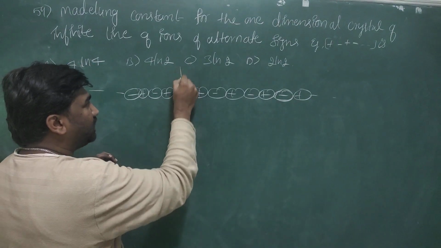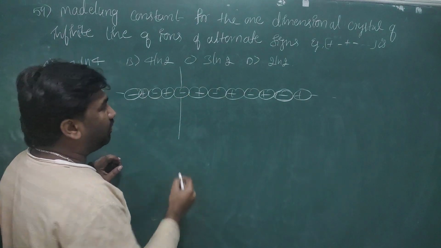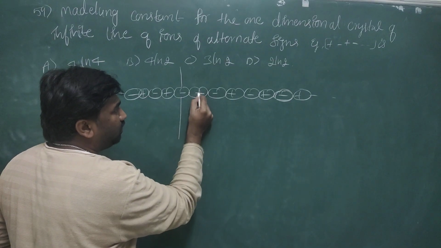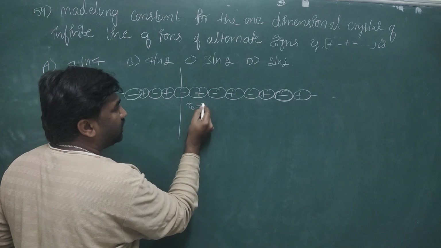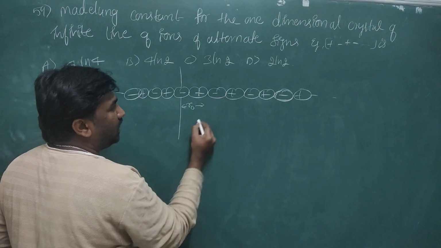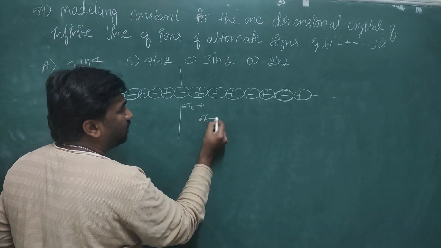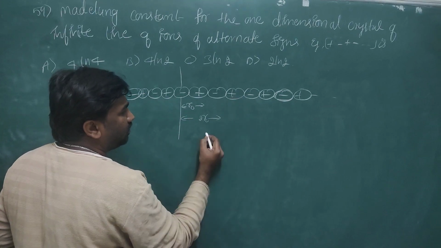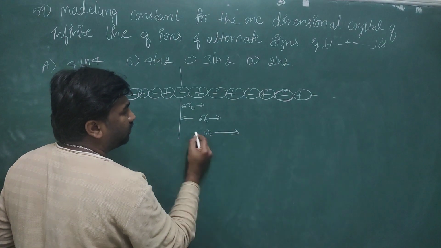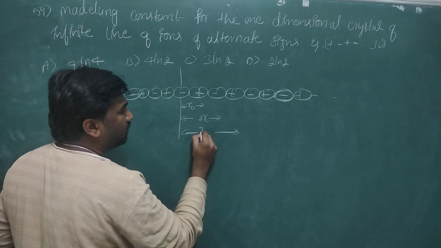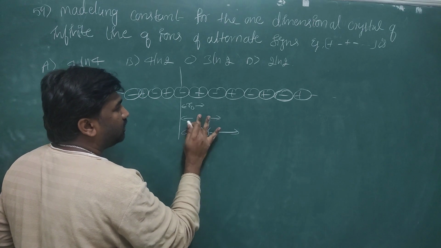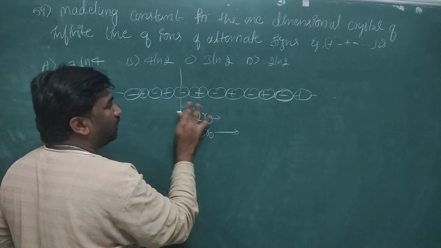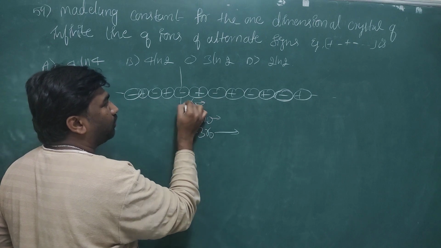I am going to take this as my reference, and from this reference ion, the neighbouring positive ion is separated by a distance r0, the next ion is separated by a distance 2r0, and the next ion by a distance 3r0.